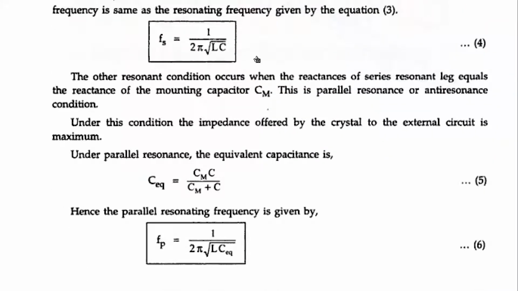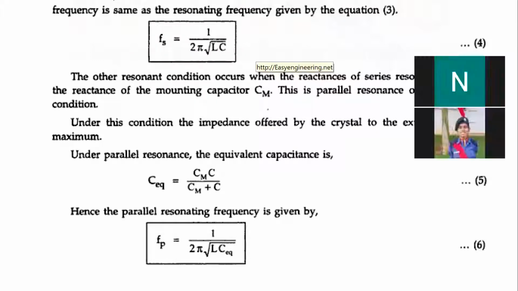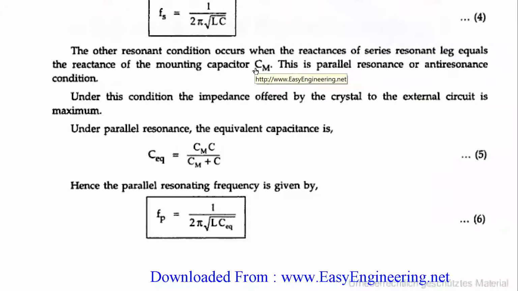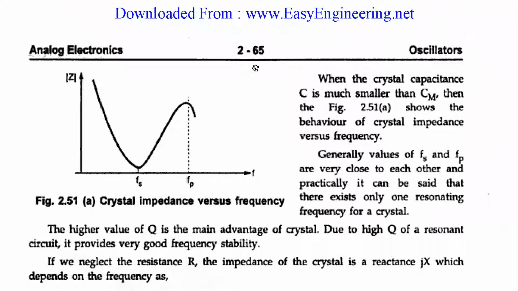The two resonating frequencies are now the same, and the crystal will resonate at that one particular frequency, which is 1 by 2 pi root LC. Clear? Any doubts so far?